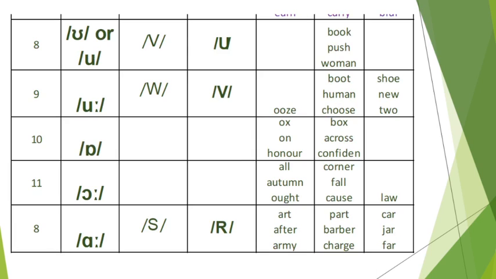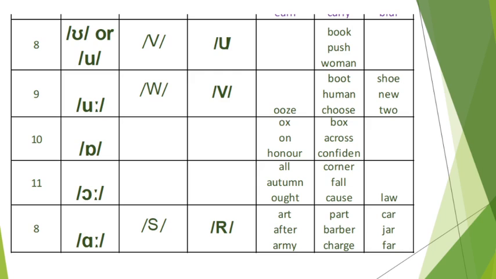The first one is oo. This happens only medially, not initially and finally. That is B-O-O-K, book. P-U-S-H, push. W-O-M-A-N, woman. Now the next is oo, but it is a long vowel. It happens initially, medially and finally.